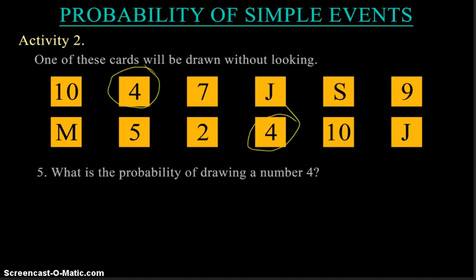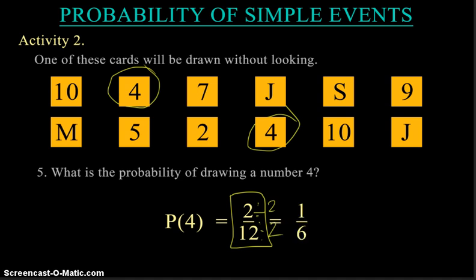Okay, so the probability of drawing or picking a number 4 is 2 by 12 divided by 2, both numerator and the denominator. So meron tayong 1 over 6. So this is the final answer. Okay, next.